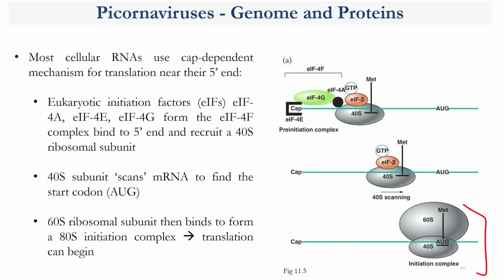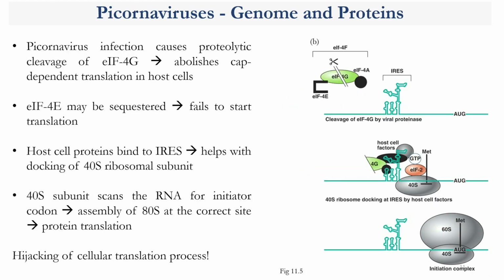But when it comes to the virus, problem is we don't have a cap. So how do we assemble this complex? Well, once the cell is infected by picornavirus, it causes a proteolytic cleavage of your eIF4G complex, okay?